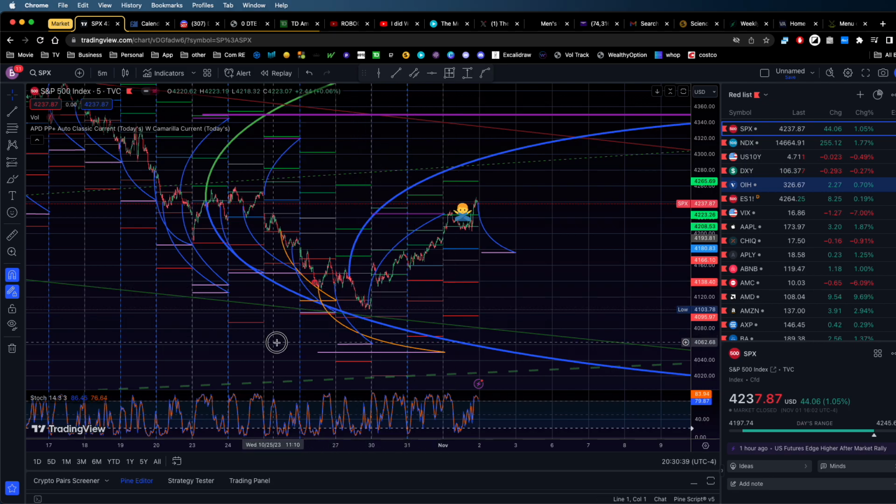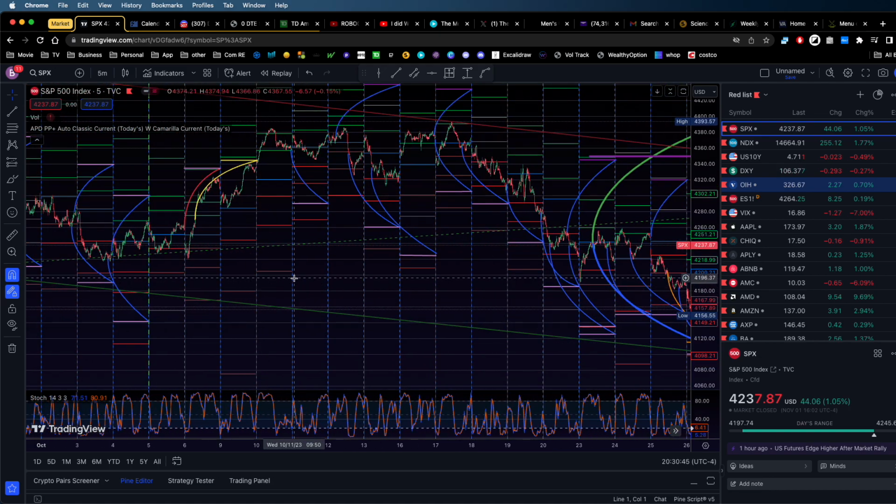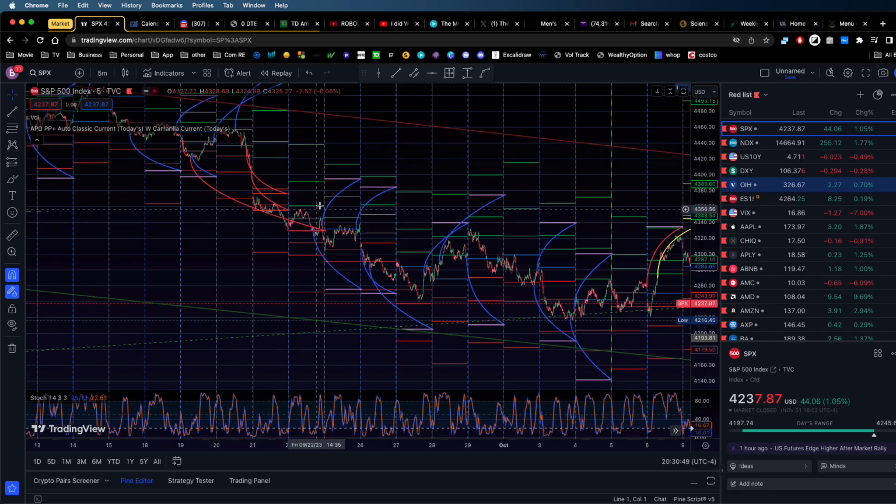As far as profitability goes, I've kind of been stuck in the mud because of some stupid trades, like this series of trades right here, that set me back a couple of days.